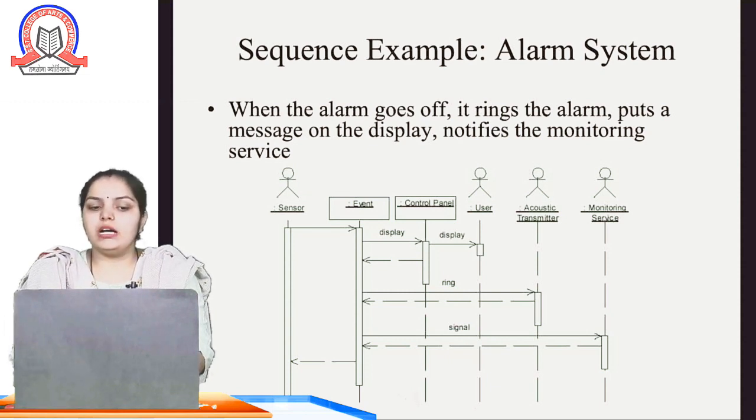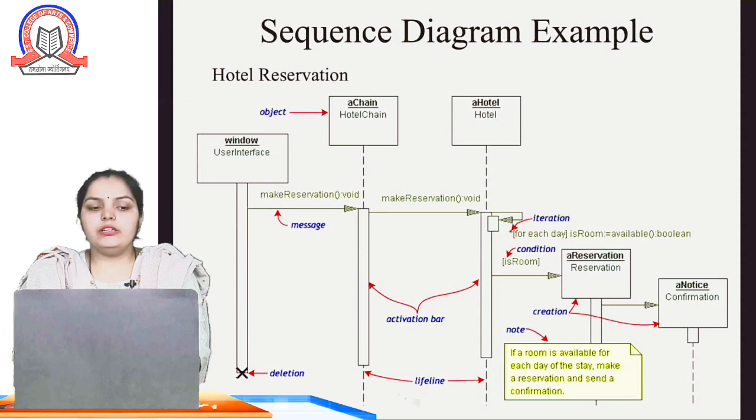So this is the example of the alarm system for the sequence diagram. And here is the example of the sequence diagram in case of hotel reservation. If we are going anywhere to reserve a hotel, or reserving a hotel using their site, there are window, chain, hotel and reservation and notices. So in this way they communicate with each other.